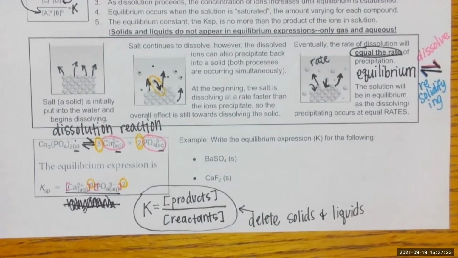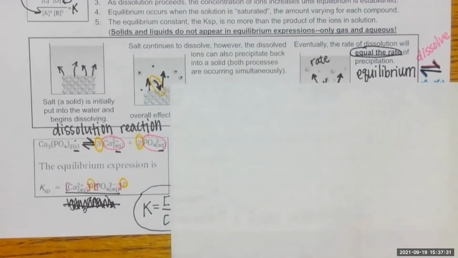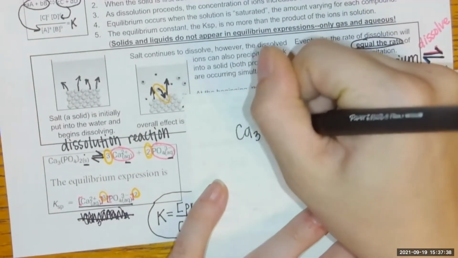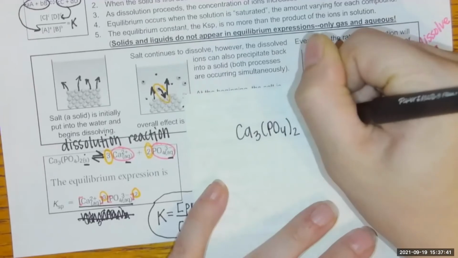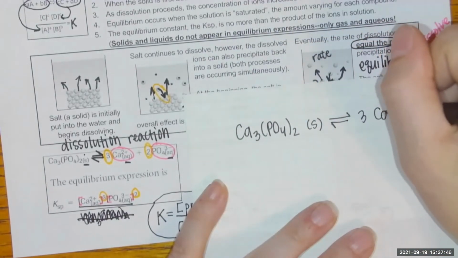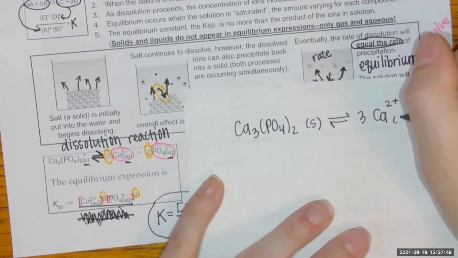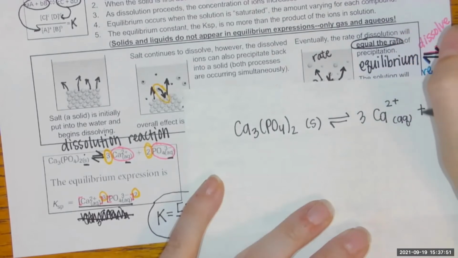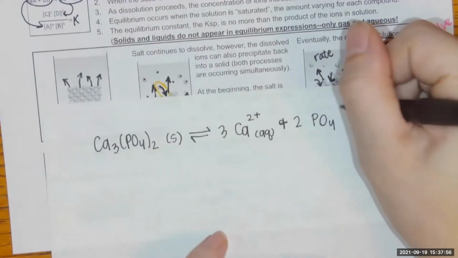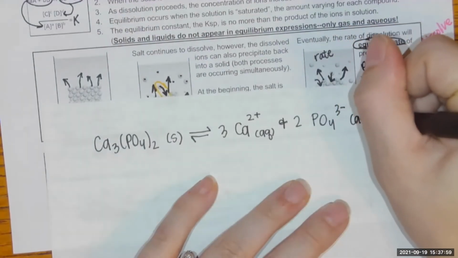So let's do some examples. I'll do some more. It's really not hard at all. Let me do that same one, but writing it out myself. Calcium phosphate solid breaks apart into 3 Ca2+ aqueous and 2 PO4 3- aqueous.